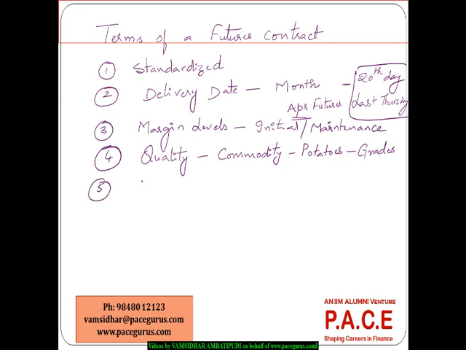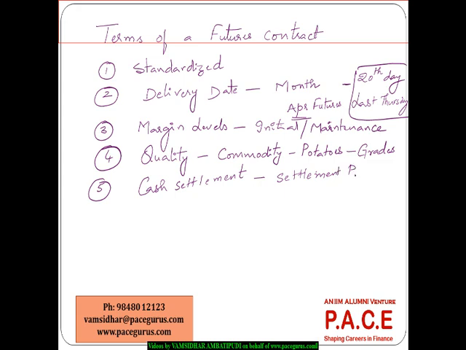Again, the grading, if at all something is associated, all these things have to be very clearly specified as a part of the contract. And as we have discussed earlier also, these futures contracts generally, to a large extent, go for the cash settlement process. So if at all they are going for cash settlement, what is the way the settlement price is determined?